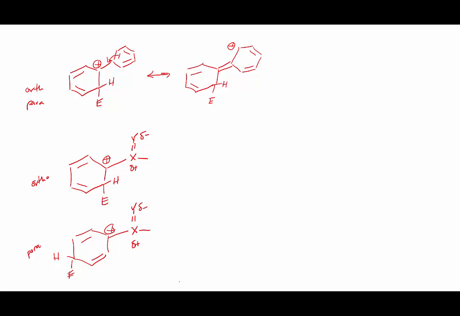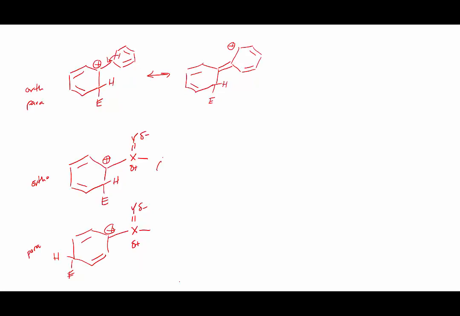But now I've got a set of groups where they're doing what to that resonance structure? They're destabilizing it. So the deactivating groups now, whenever they are next to a positive charge, they end up destabilizing this to the point where I could say, you know what?